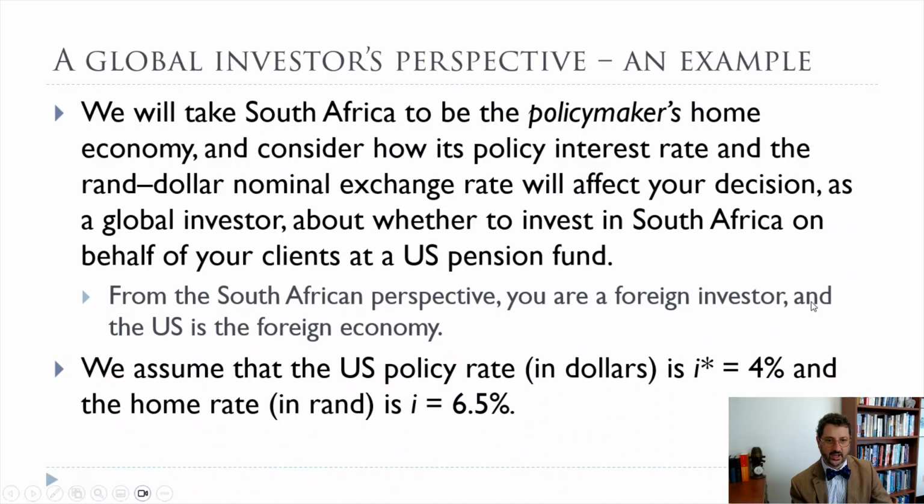We're going to call that i star because we're taking the South African perspective. And the home rate, the rate that we can get in South African rands, rand is the currency in South Africa, is 6.5%. So we could say, hey, 6.5% is greater than 4%. We should definitely invest in the South African rand.